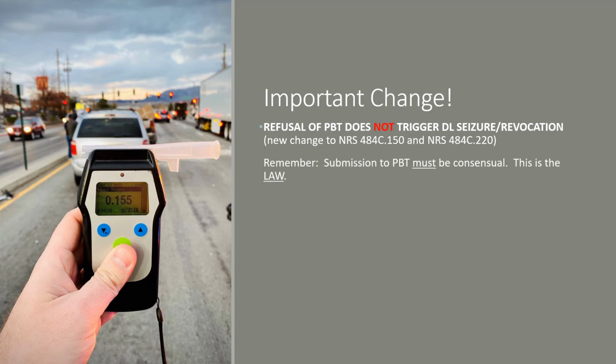And although this is not a change from 2021, it is important to remember that as of 2018, a driver's submission to a PBT must be consensual. Otherwise, it is a violation of that person's constitutional Fourth Amendment right against unreasonable search and seizure. The result of getting a person to submit to a PBT without first obtaining a verbal consent will be a suppression of the PBT.